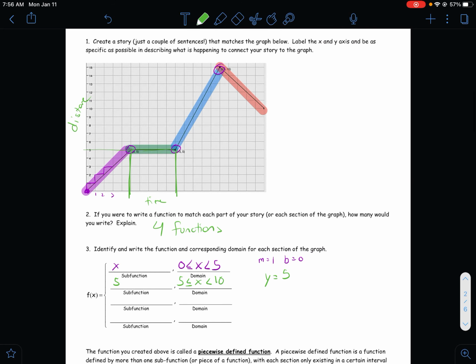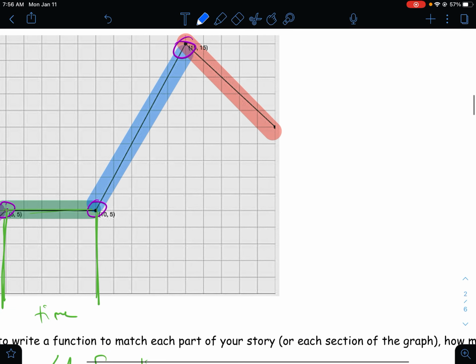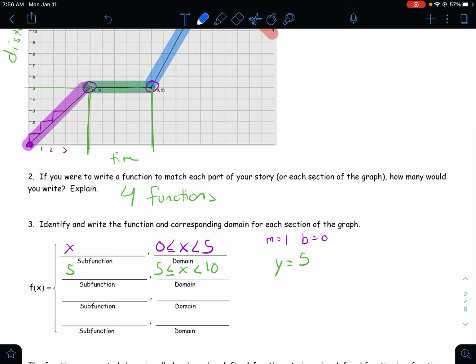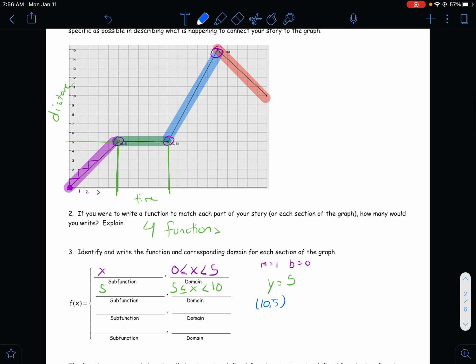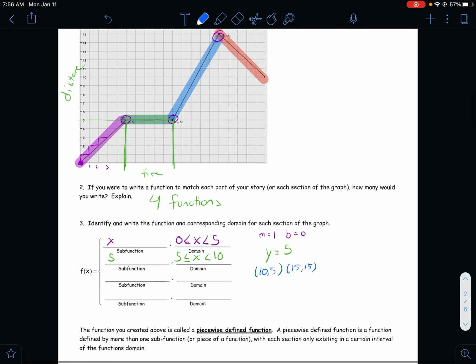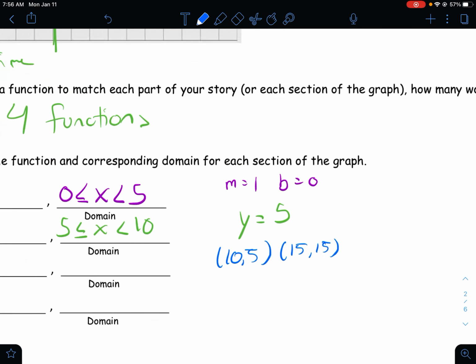Then we'll go ahead, let's do our blue graph. Now this one is going to be a little bit trickier. We have 2 points, so we can come up with the equation of a line. So let's go ahead. We've got (10, 5) and (15, 15). So let's go ahead. We will now calculate the slope.